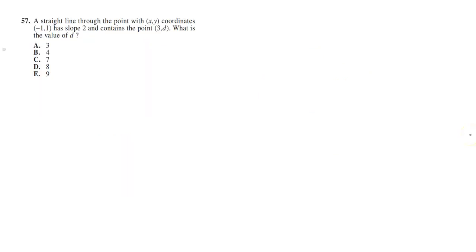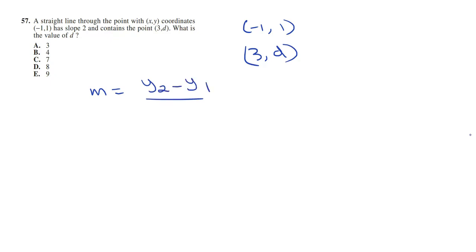A straight line through the point with xy coordinates -1, 1 has a slope of 2 and also contains point 3, D. So let's get our slope. The slope is y2 minus y1 over x2 minus x1. And we're told our slope is 2.